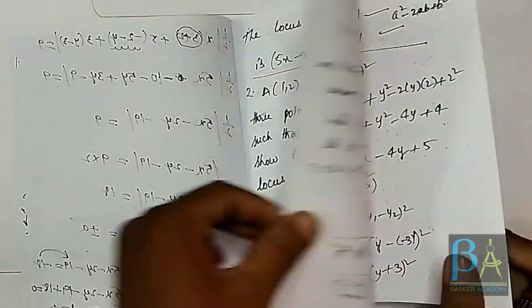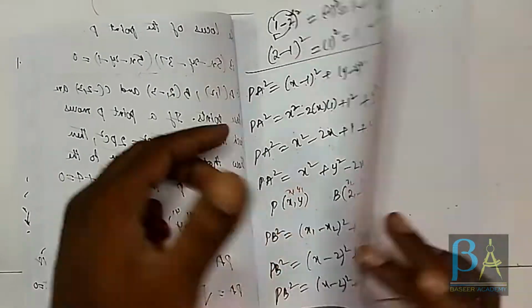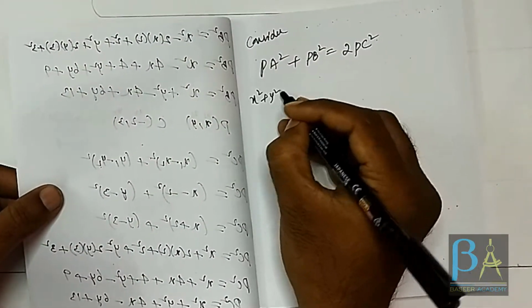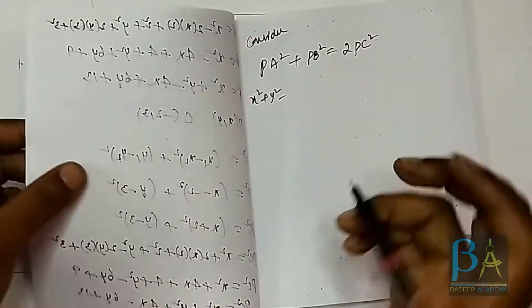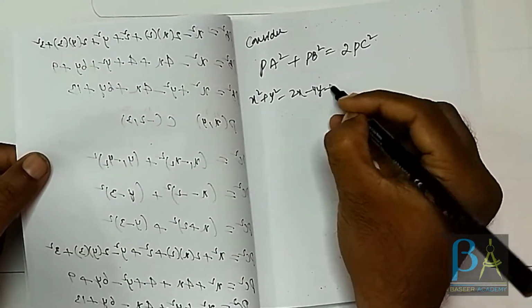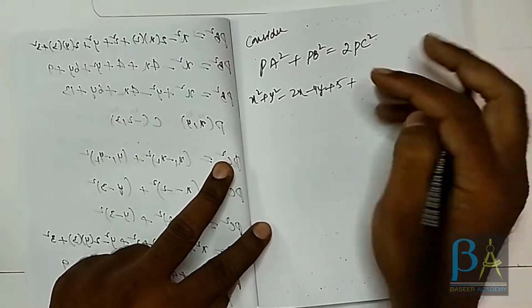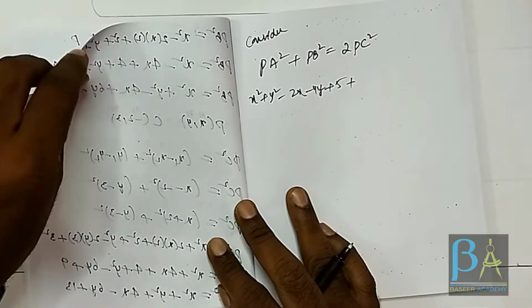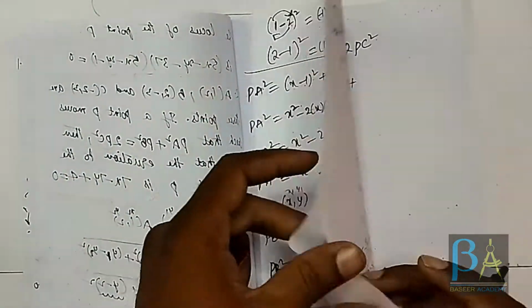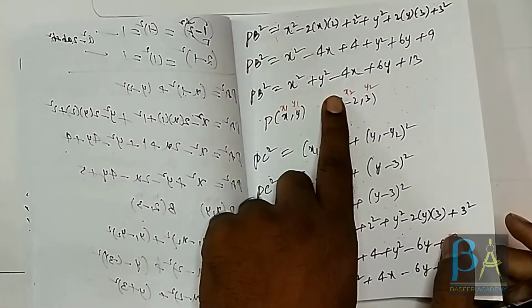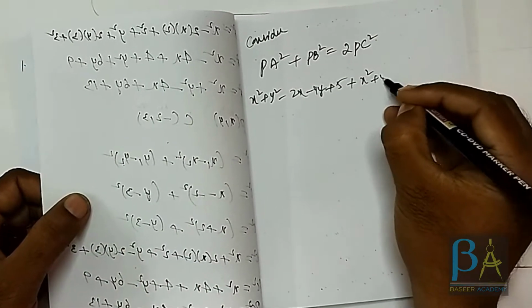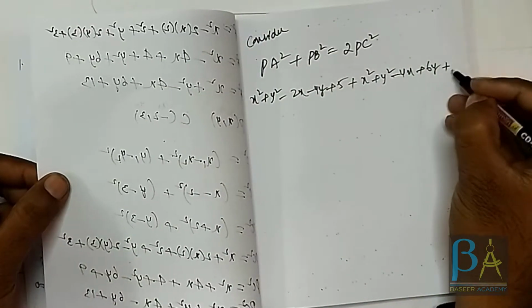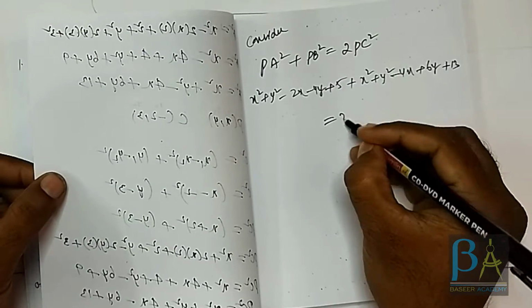And what is PA square? PA square, we got it as x square plus y square minus 2x minus 4y plus 5, isn't it? And then plus PB square. What is the value of PB square? PB square, we got it as x square plus y square minus 4x plus 6y plus 13, and that is equal to 2.